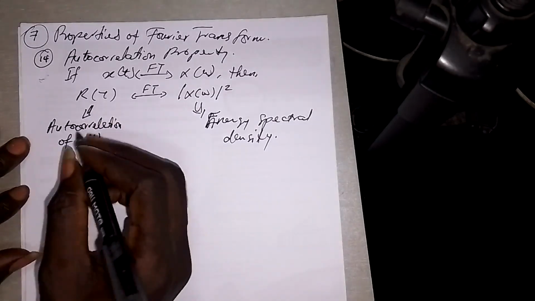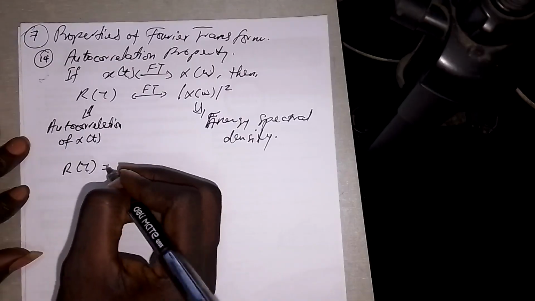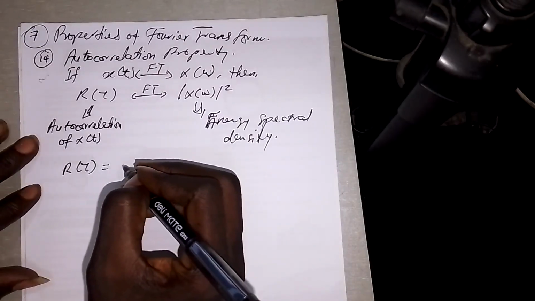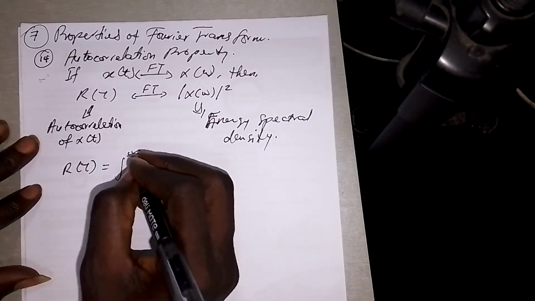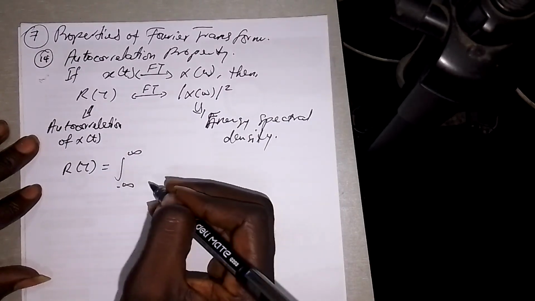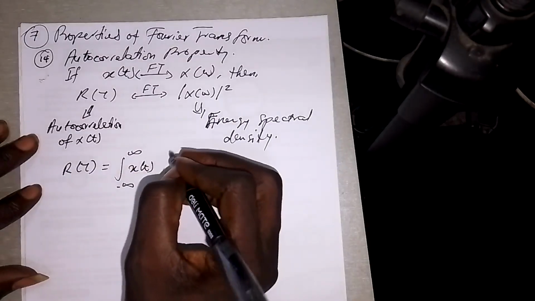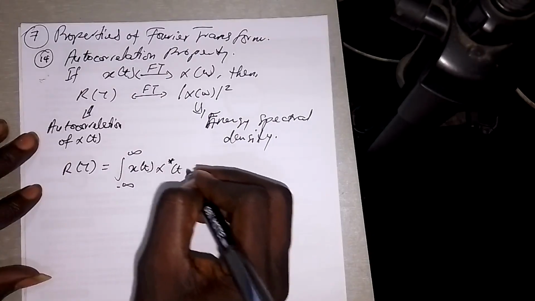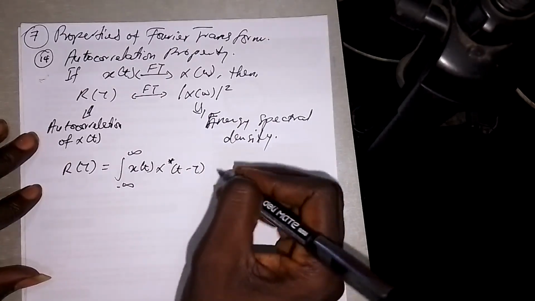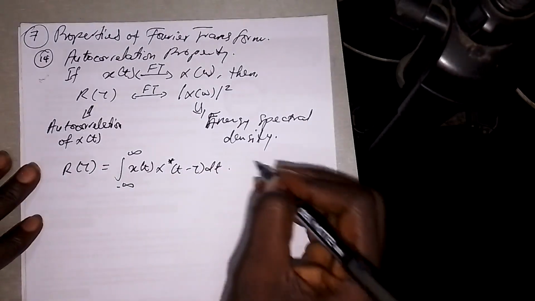Our R of tau here is actually equal to the integral from minus infinity to infinity of x of t into x complex conjugate of t minus tau, dt.